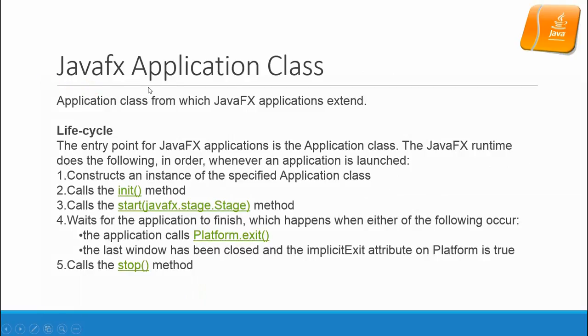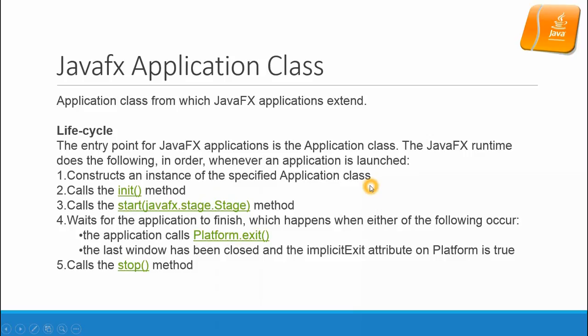The JavaFX Application class is the class from which JavaFX applications extend. The JavaFX Application class has a life cycle, and the entry point for a JavaFX application is the Application class. The JavaFX runtime does the following things. First, it constructs an instance of the specified application class.